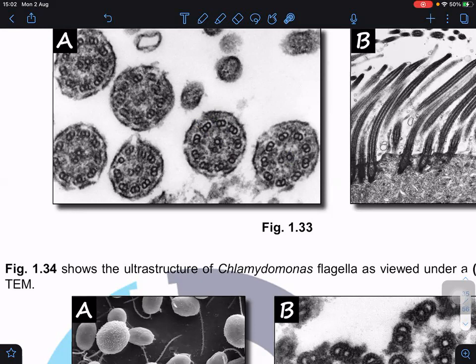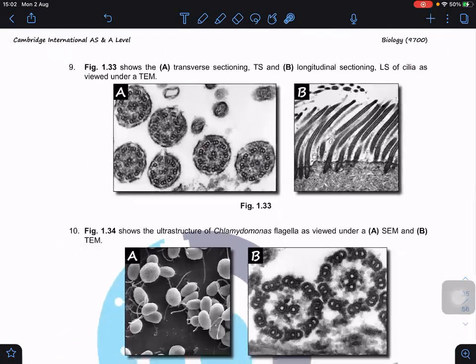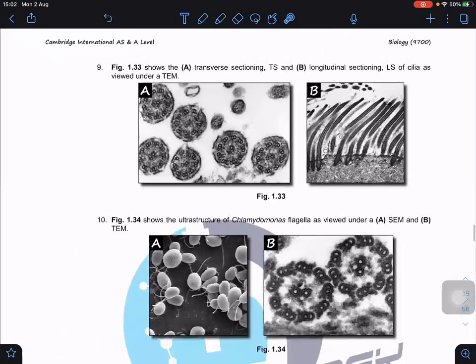So this is either cilia or flagella. Then we look at the density. If there are many of them, then this must be cilia. This is the transverse sectioning, that's why I see the round shape, because of the longitudinal sectioning. Can you see that? So many, that's why they are cilia.